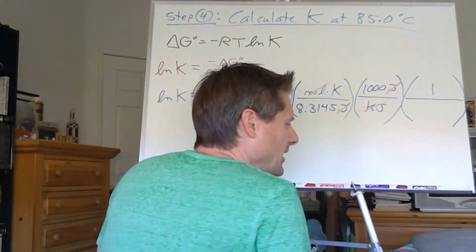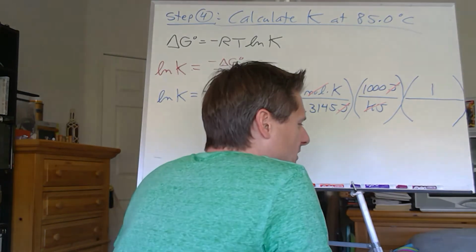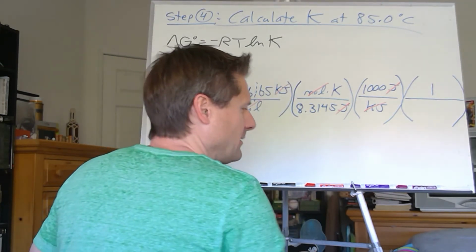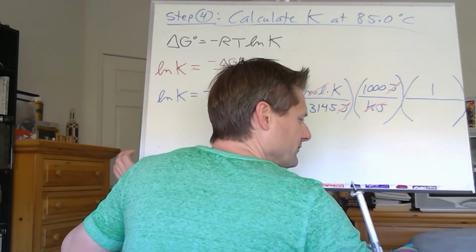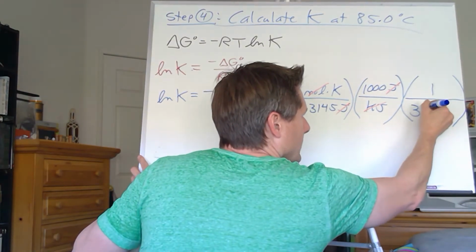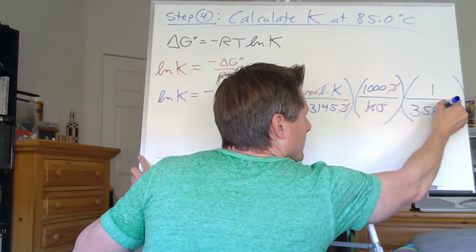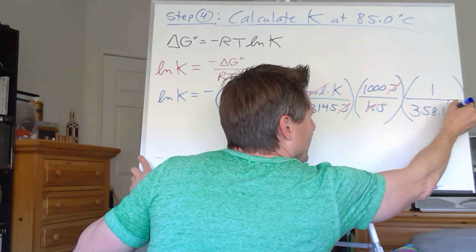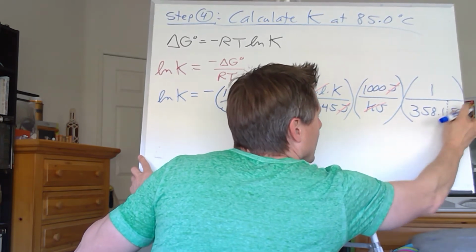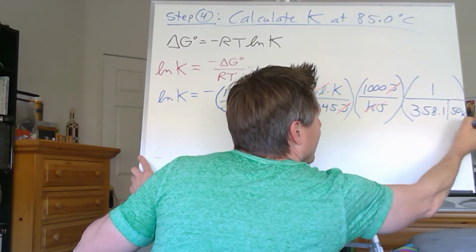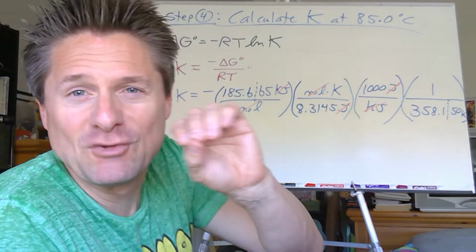What was our temperature again? 358.15, something like that. I don't think I have a lot of room here. Oh, major squish. All right. So you have to zoom in on that one there.